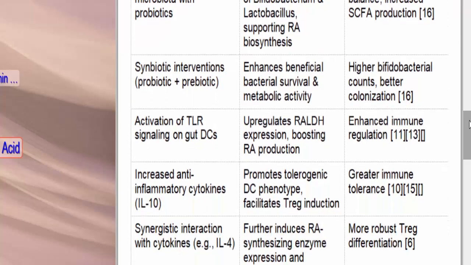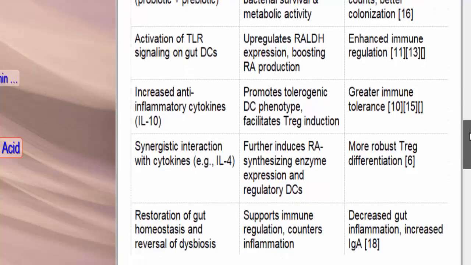Symbiotic interventions are good. That's always recommended. That's where you combine prebiotics with probiotics, and because that's going to enhance the beneficial bacterial survival and metabolic activity. You'll get better colonization.